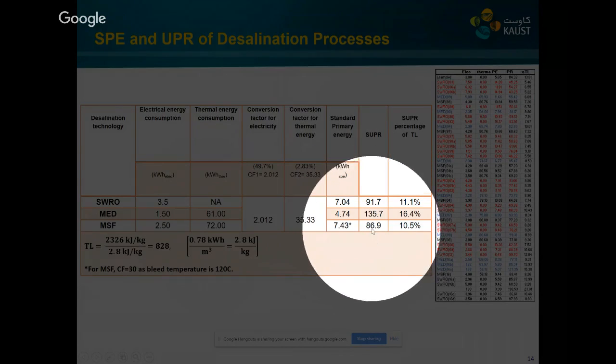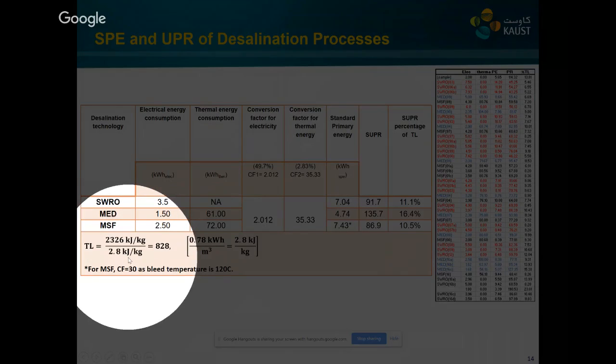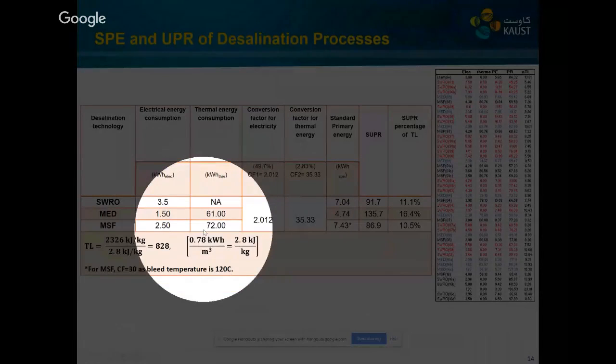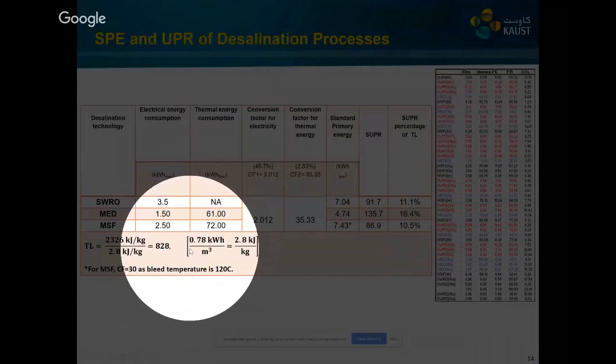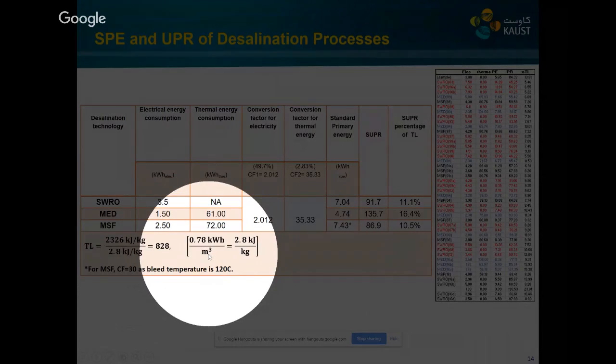To find out whether it's efficient or not efficient, we went back to the thermodynamic limit. The thermodynamic limit controls the separation process, and irrespective of process, the minimum energy required for separation is around 0.78 kilowatt hour per cubic meter at 35,000 ppm at 30 degrees centigrade, because it's a thermodynamic limit.